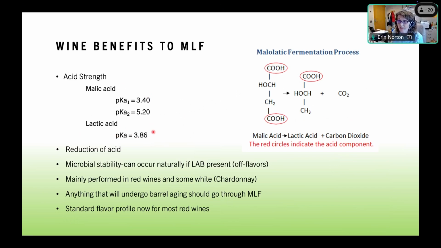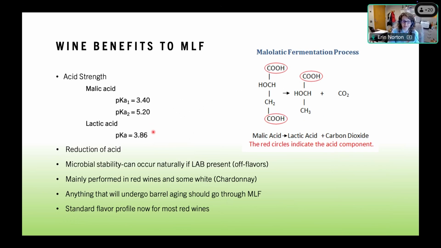That sounds really awesome, right? For our hybrids, we've got lots of acidity in there. So you do get a reduction of acid. Another benefit to this is microbial stability. Lactic acid bacteria tend to be everywhere. Let's just say that. There's lots of different species. They live in nooks and crannies in your winery.